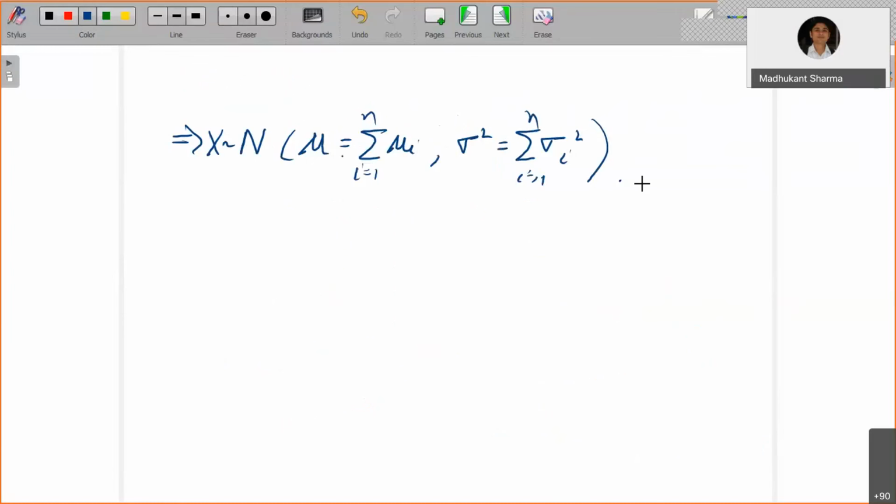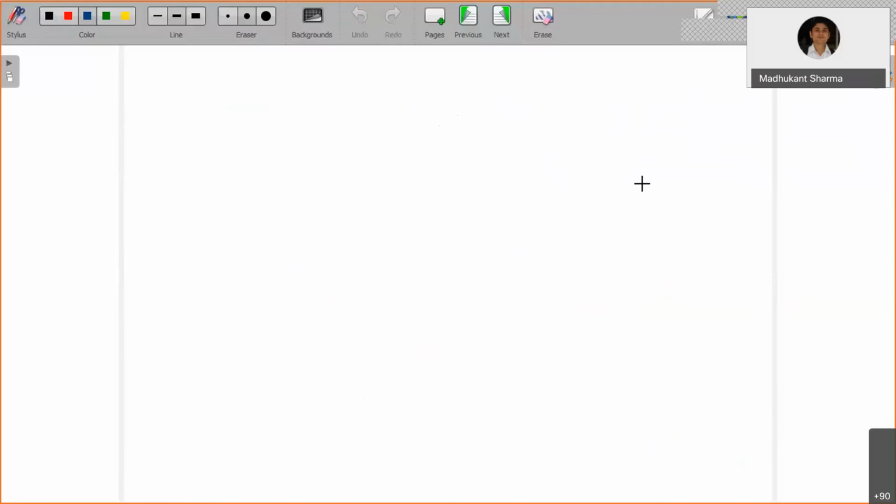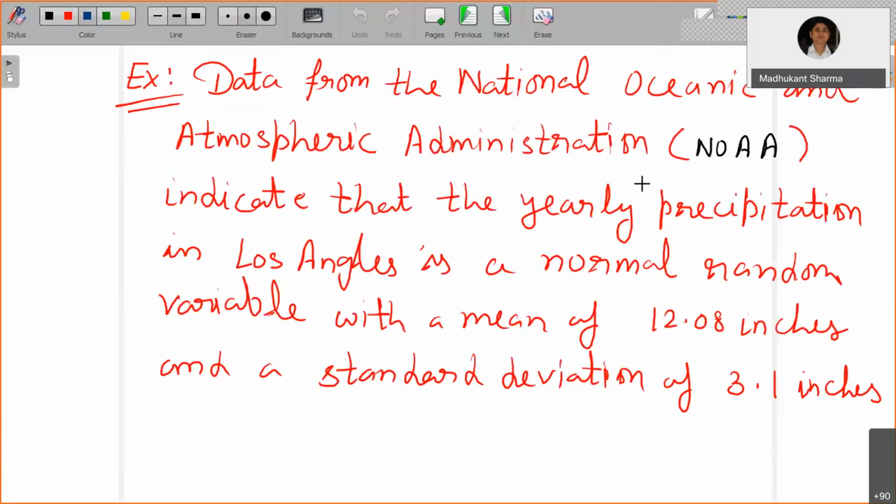Right. Now let's take one example. Data from some agency, known as the National Oceanic Atmospheric Administration, which we are calling NOAA in this lecture, indicate that the yearly precipitation in Los Angeles is a normal random variable with a mean of 12.08 inches and a standard deviation of 3.1 inches.